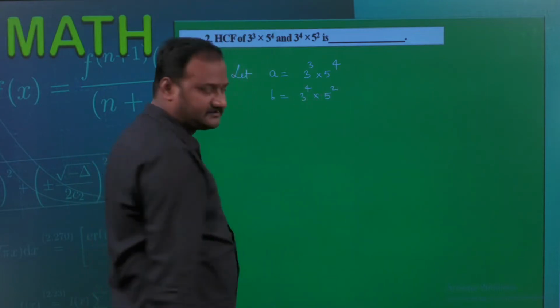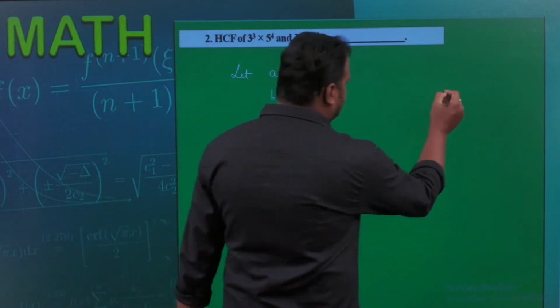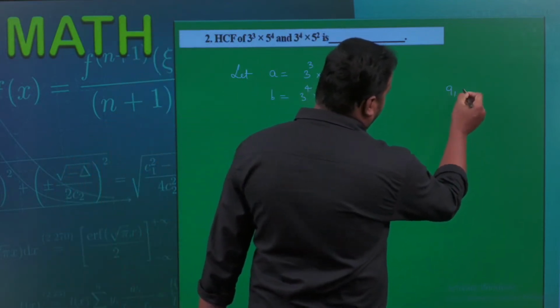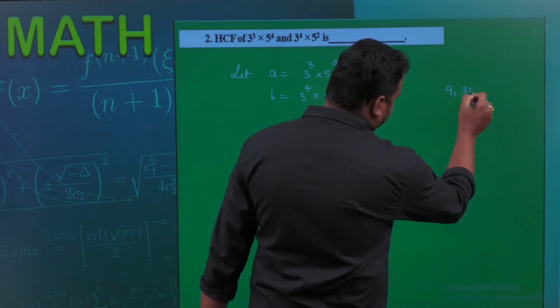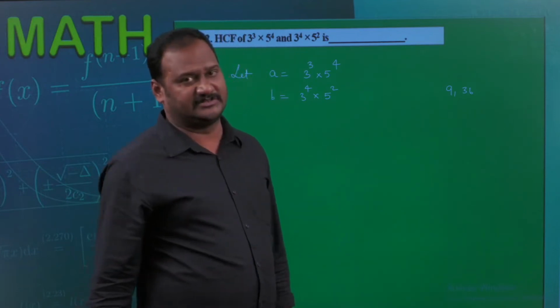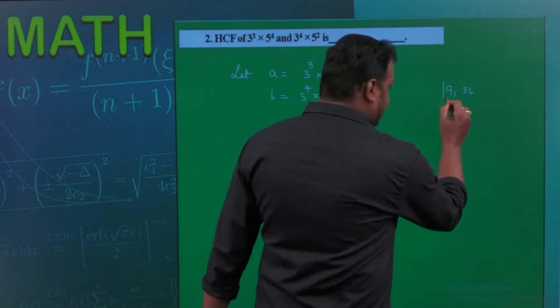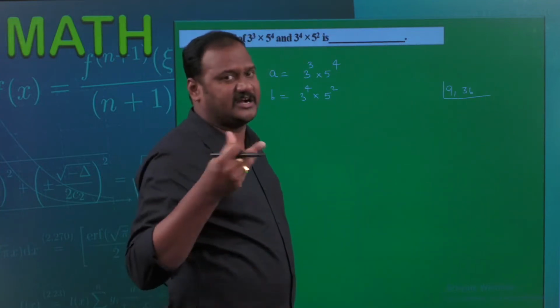Okay. Suppose when you are given two numbers, for example, 9 comma 36. How do you find HCF of those two numbers? We will start doing L method. That is, you see both the numbers and what is the common factor.